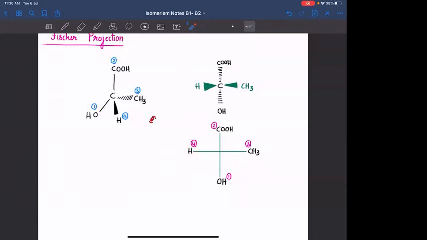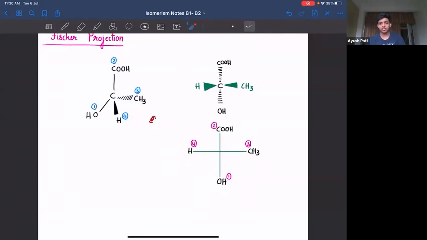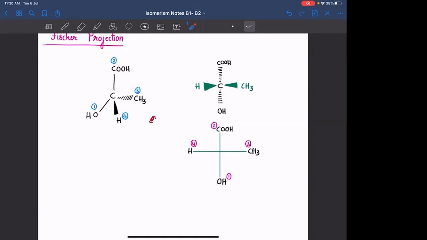In the Fisher projection, in order to assign RS configuration, where should the lowest priority group be? Vertical or horizontal? It should be on the vertical. What does that mean? You need to interchange this H with COOH. Agreed? It will be coming on the vertical line.